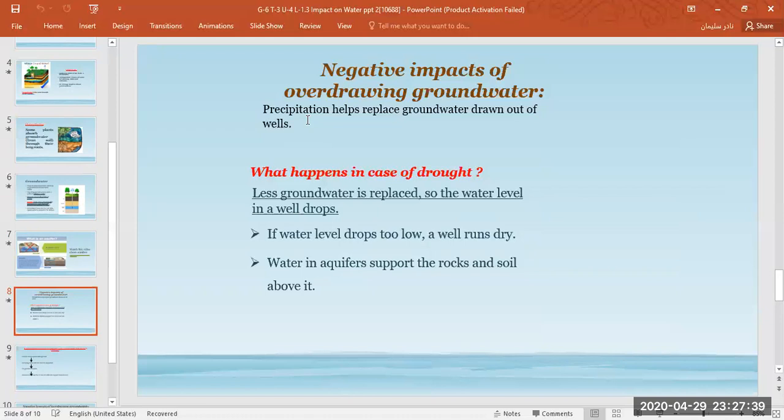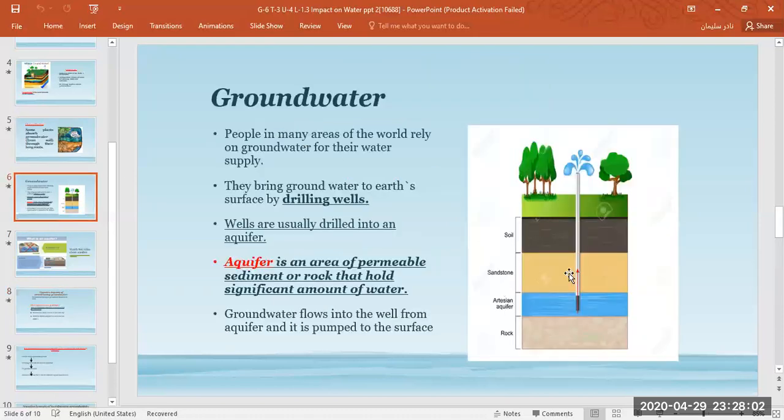A very important note you have to know, students, about the groundwater. Groundwater in the aquifers fills the spaces between the rocks and within the rocks. This provides support for the upper layers. As we talk here, there are many layers under the ground: the aquifer layer, and above it there are other layers.